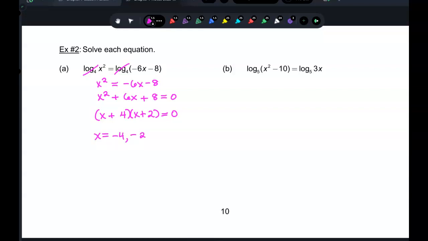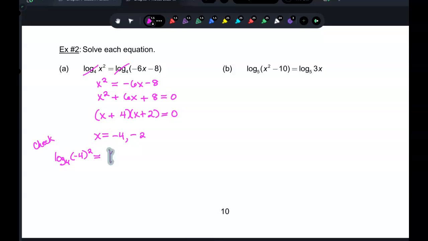Okay, so let's double check. If we plug it in on the left side, that would make that a positive 16 and a positive 4. But what happens when I plug this in on the right side? Do we get the same thing? It's still positive. Negative 6 times negative 2. Okay, so we're going to check. We get 8. Oh, it works.